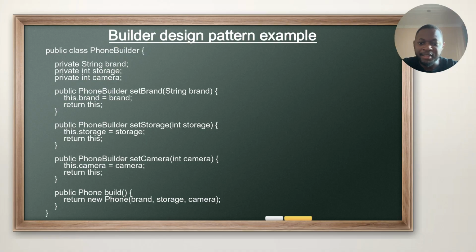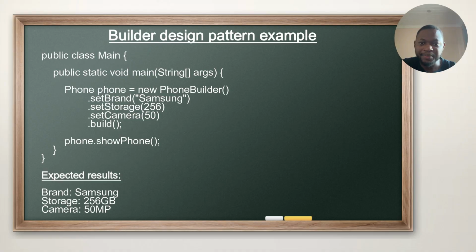That build method is responsible for actually constructing our phone object. We won't have to add a new phone object and then pass in a whole lot of params. We can easily just build our phone object up using the builder design pattern. Let's go to the next slide.